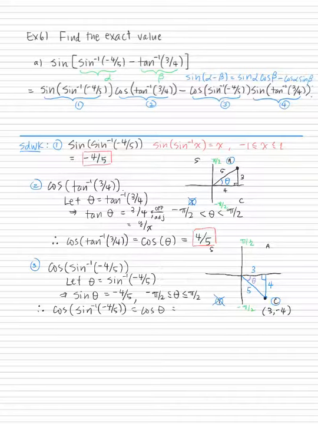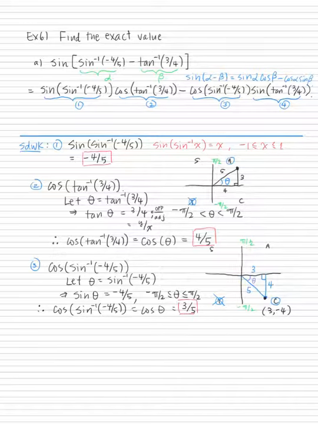So in this case, what we're going to get is adjacent side over hypotenuse, or you can think of it as x over r. So it's still going to be 3 over 5. So we're done with side work for 3.